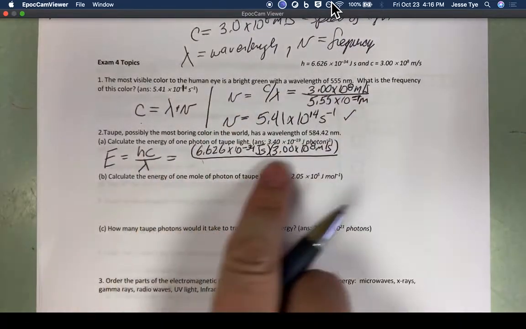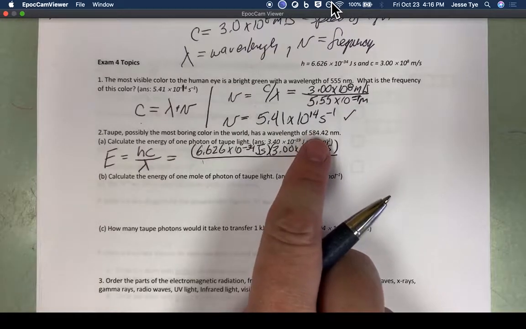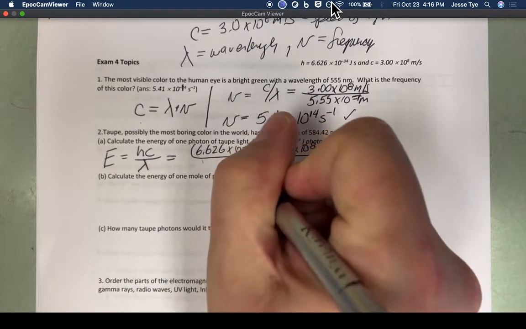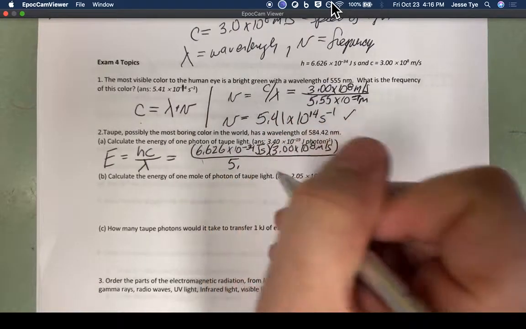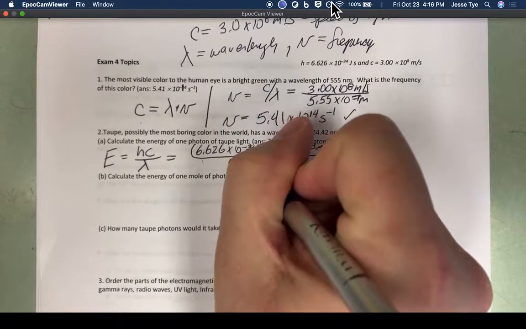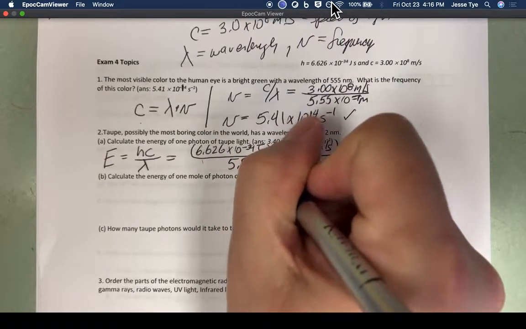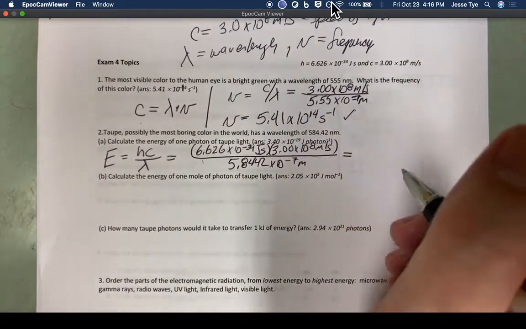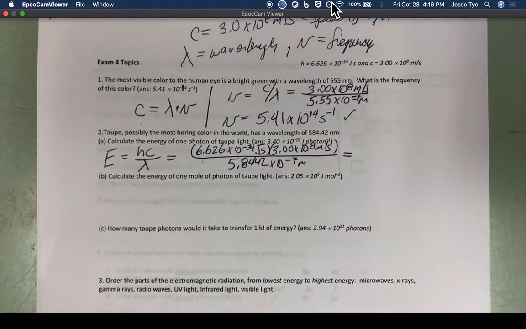And then finally, again, we'll need this wavelength to be in meters instead of nanometers, and that works out to be 5.8442 times 10 to the minus 7 meters. Transform it from nanometers into meters.